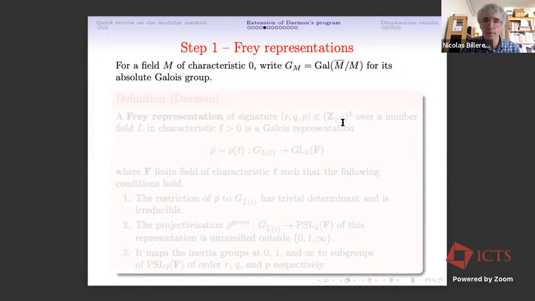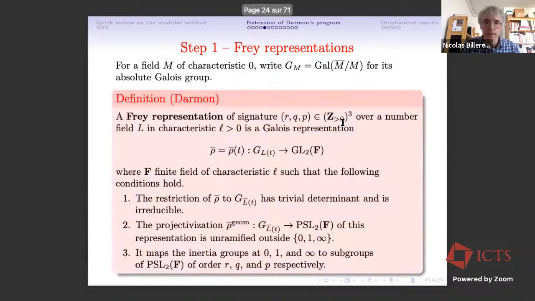So for a field M of characteristic 0, I will denote by G_M the absolute Galois group of M. And here's the definition, which is due to Darmon, the definition of a Frey representation.